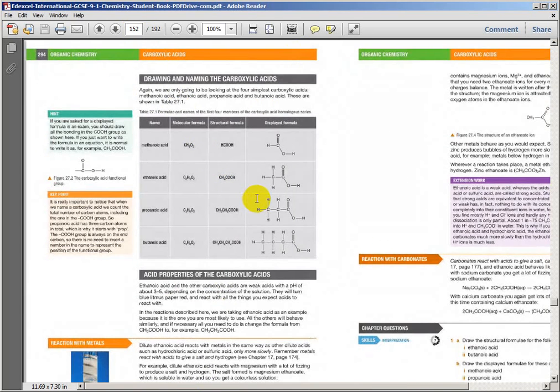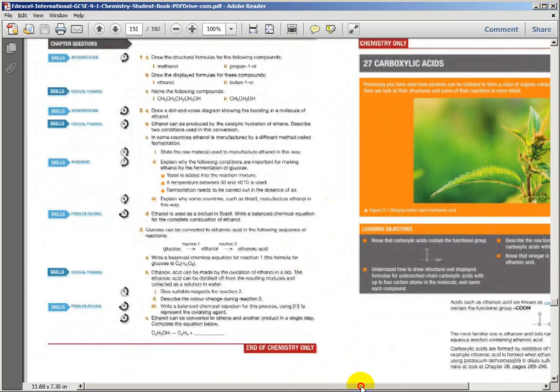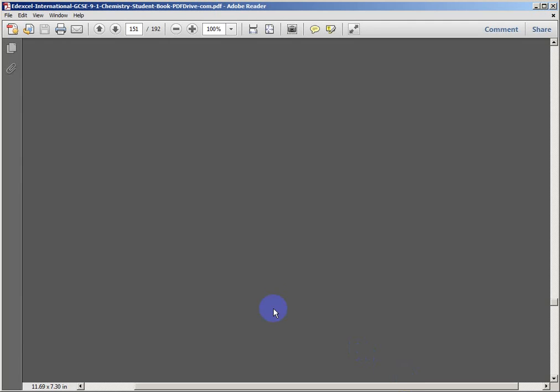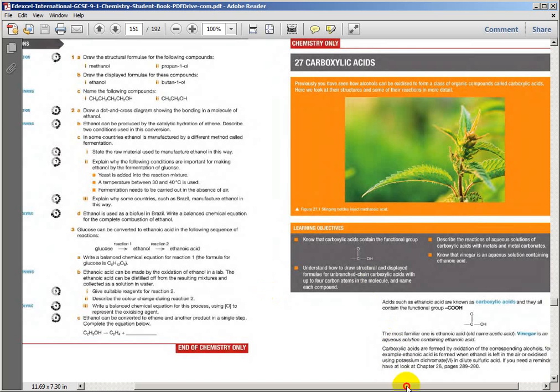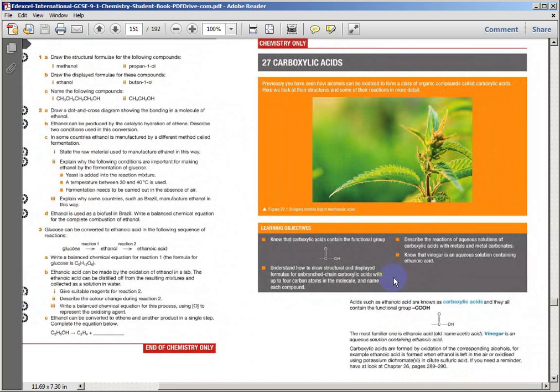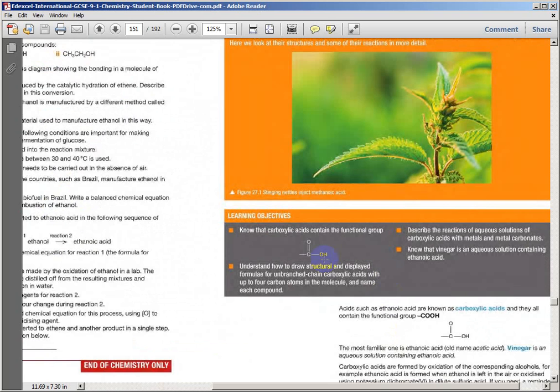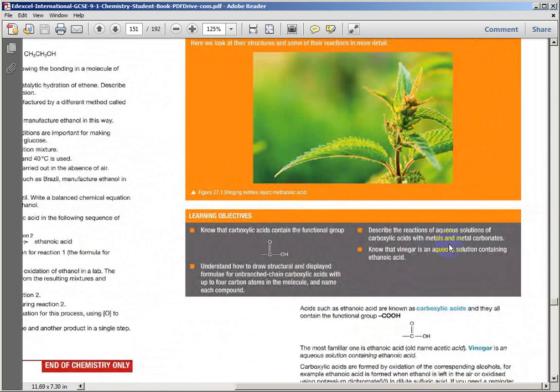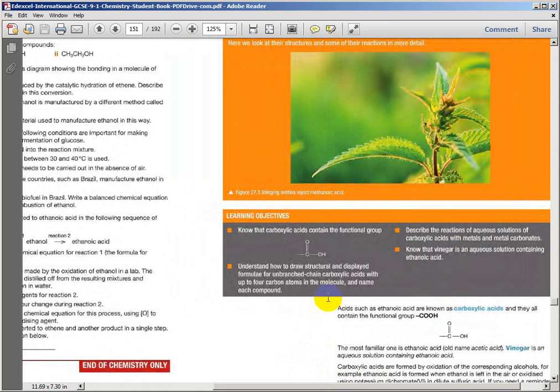Look here, the syllabus. Carboxylic acid contains which functional group? This one. Understand how to draw the structure and display formula of unbranched carboxylic acids, and describe the reaction of an aqueous solution of carboxylic acid with metals and carbonates. And know that vinegar is an aqueous solution containing ethanoic acid. This is the syllabus here.